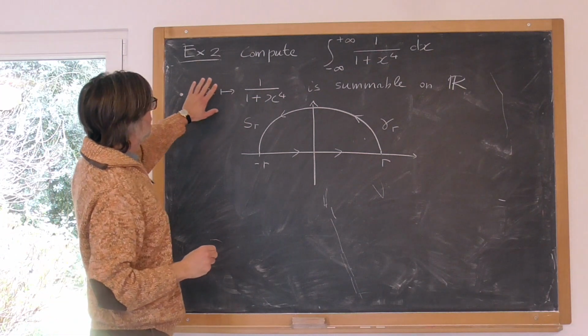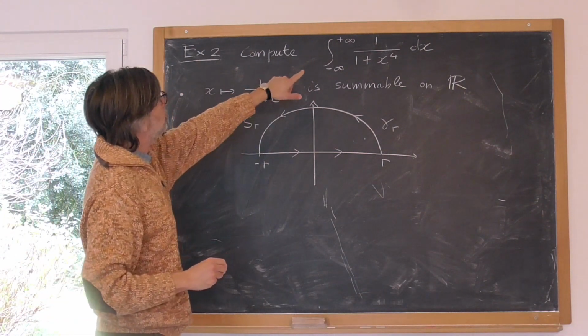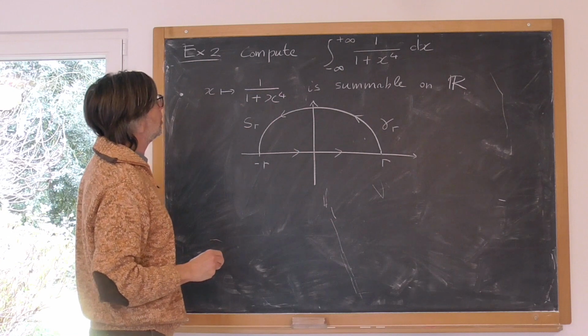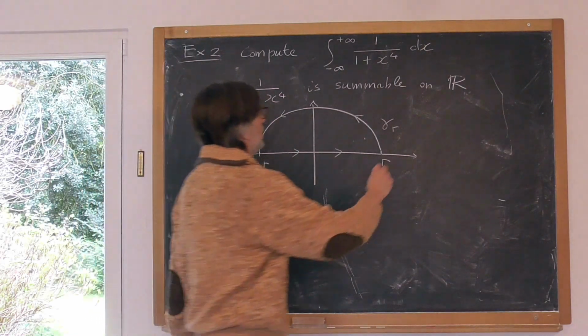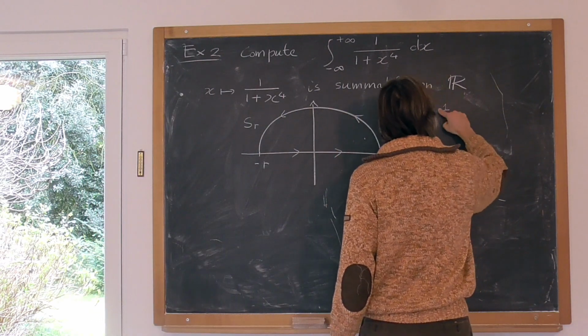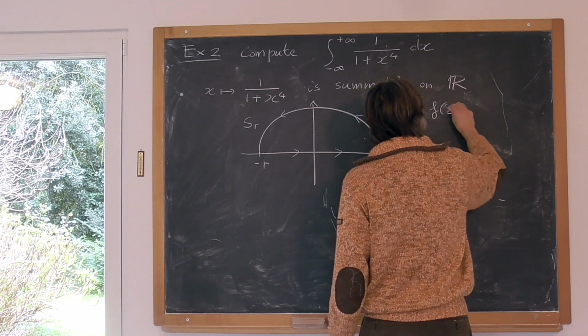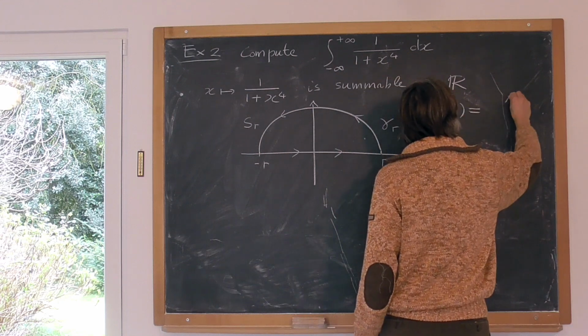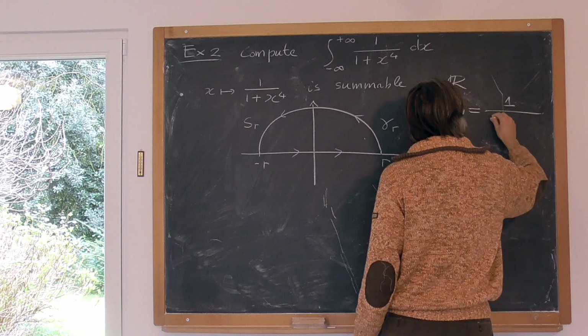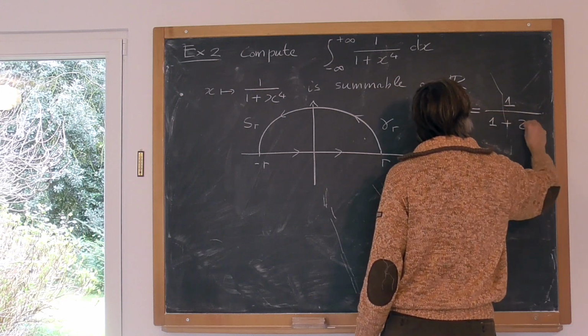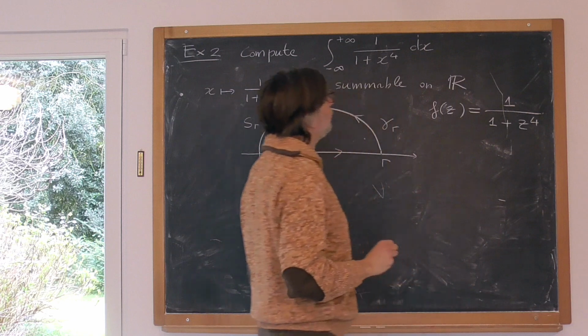So notice that our function 1 divided by 1 plus x to the 4 extends, so we can consider its holomorphic extension to C. This is the function 1 over 1 plus z to the 4.